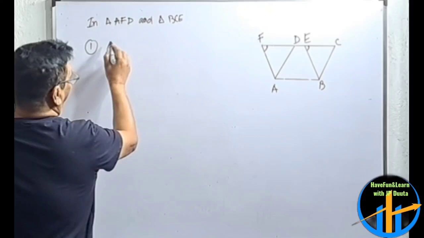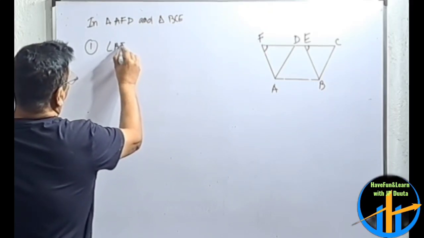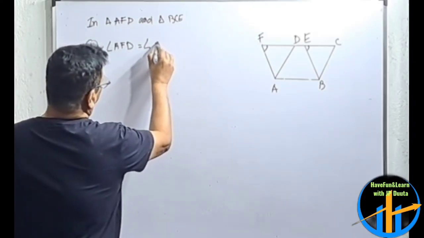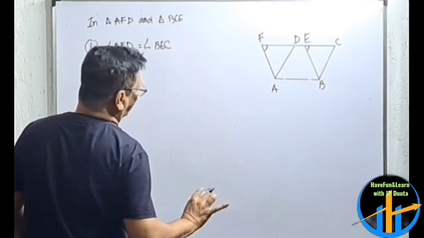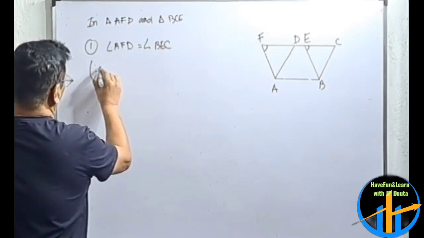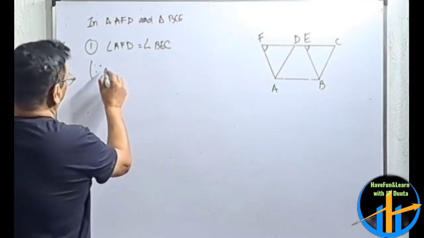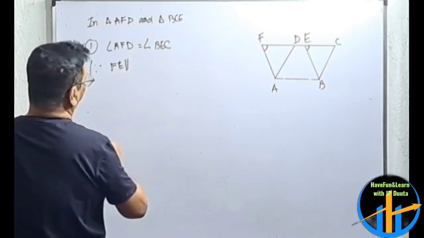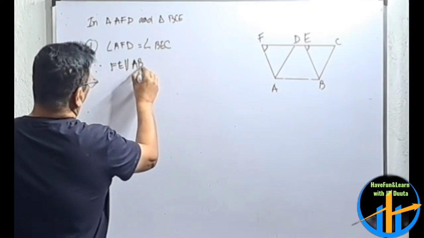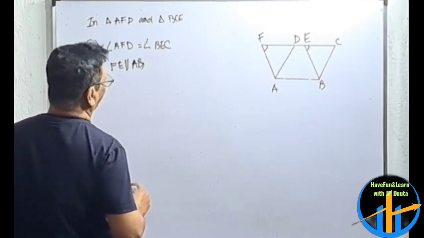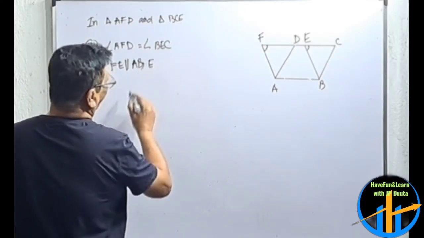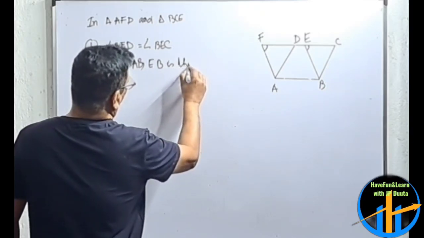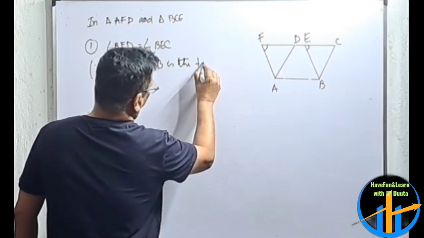Angle AFD is equal to angle BEC. Okay, why? The reason. Because FE is parallel to AB and EB is the transversal.